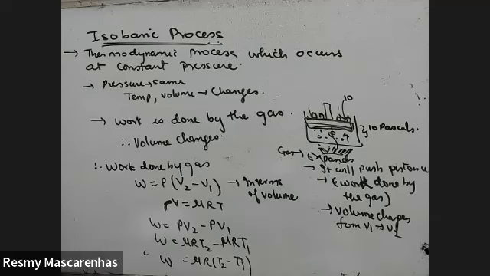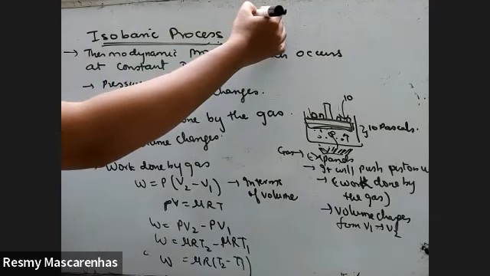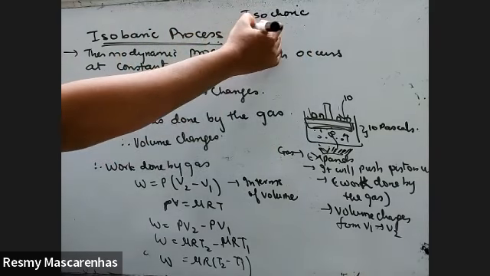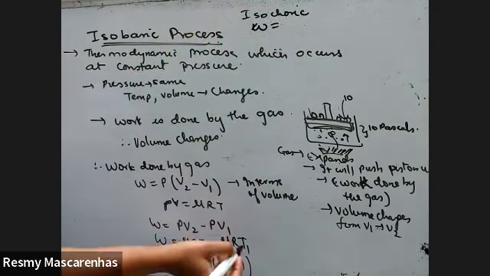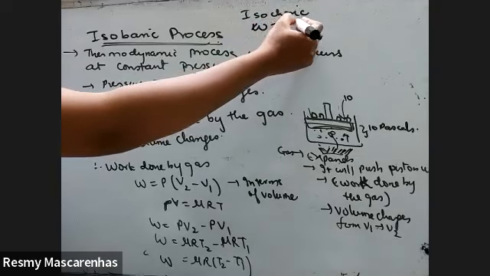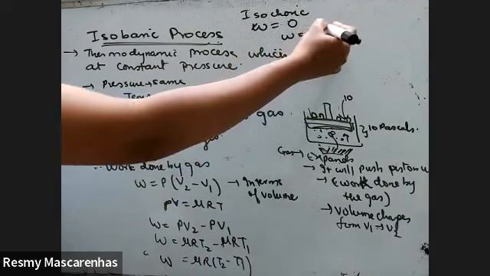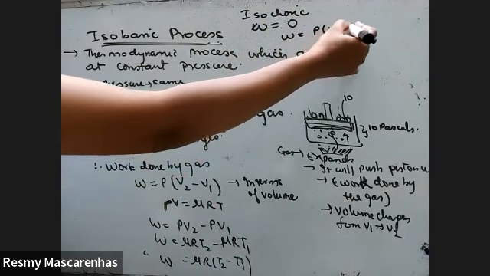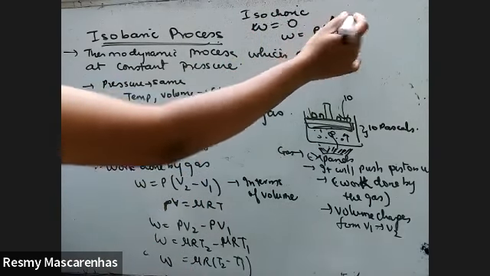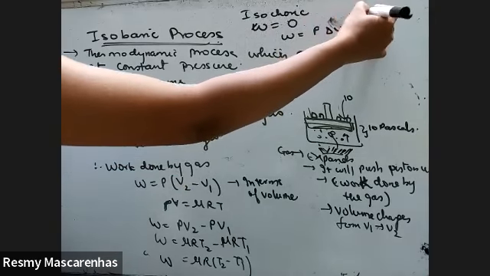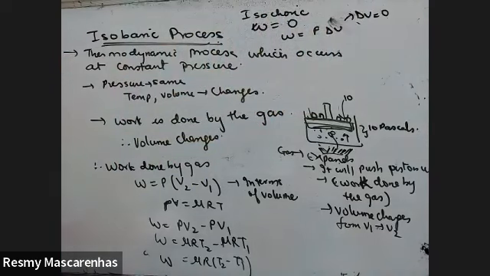Over there, for the isochoric process, what was the work done? The work done is 0. Why is it? Because you know that work is P into (V2 minus V1), or delta V. For the isochoric process, volume is constant, so volume will not change.